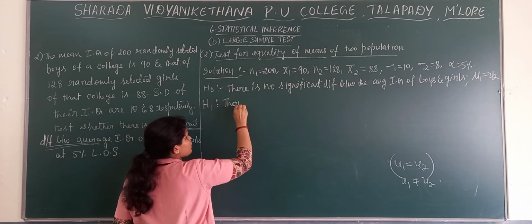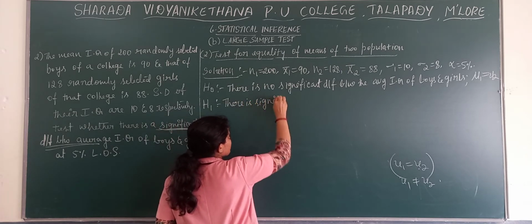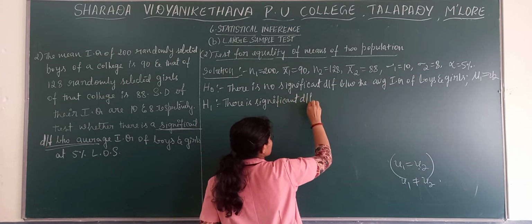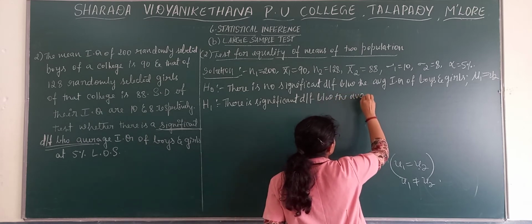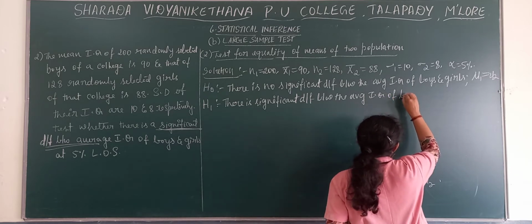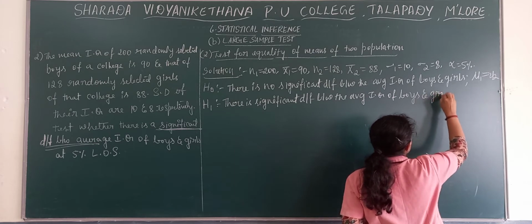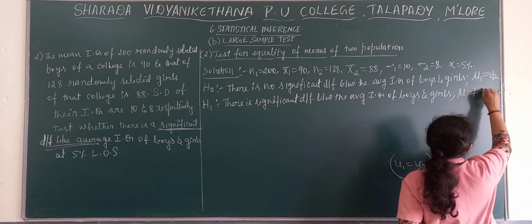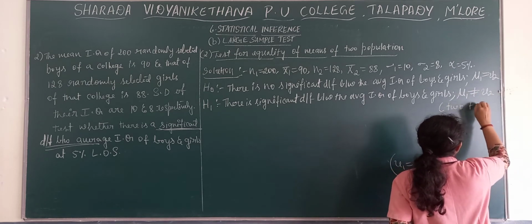There is significant difference between the average IQ of boys and girls. Then mu1 is not equal to mu2 and it is a two-tailed test.